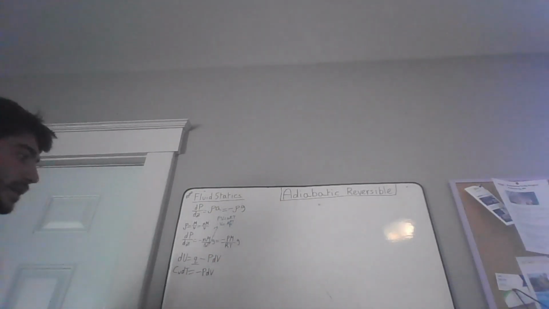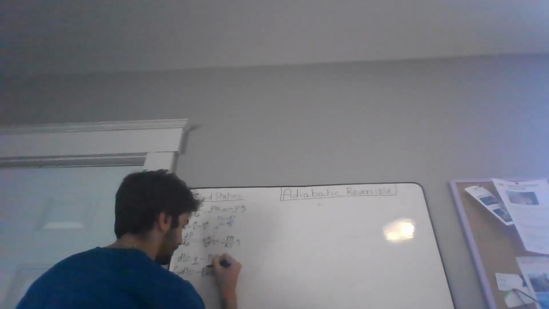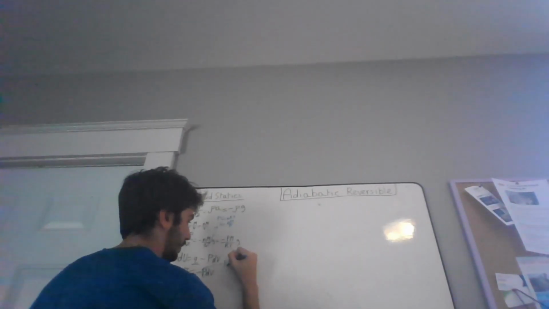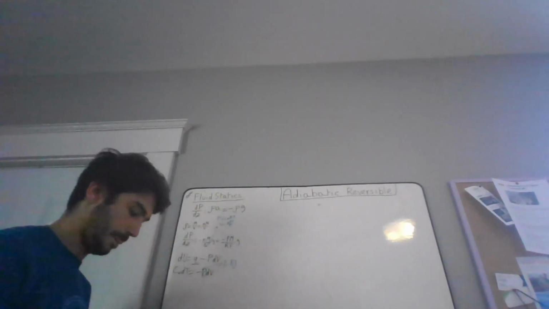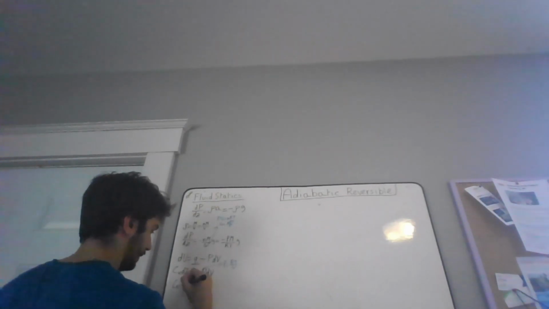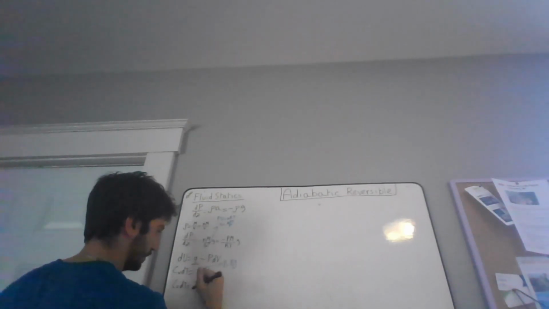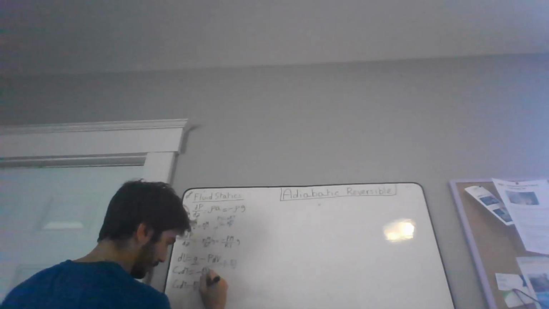From here, we can simplify this by doing what we did over here, replacing P by RT over V. Plugging that in, we get Cv dT is equal to negative RT over V dV.